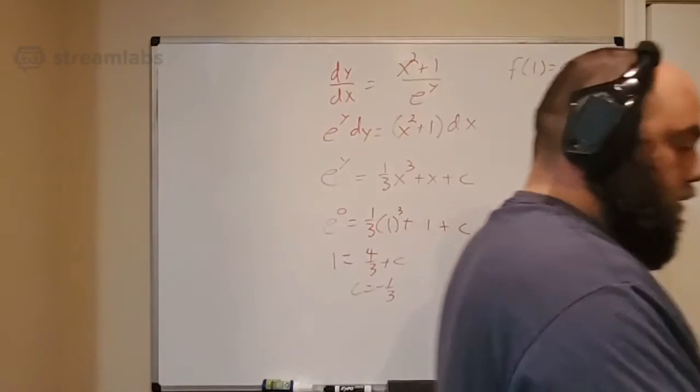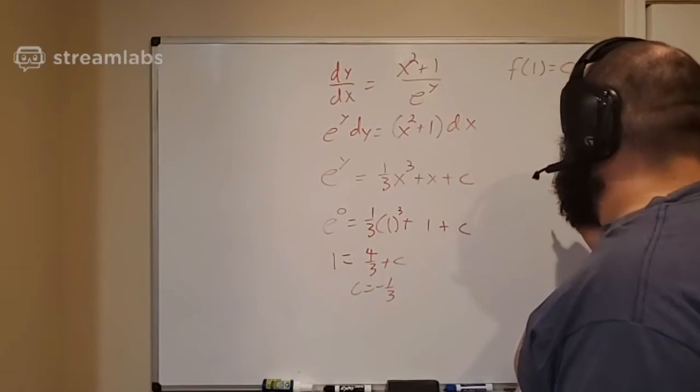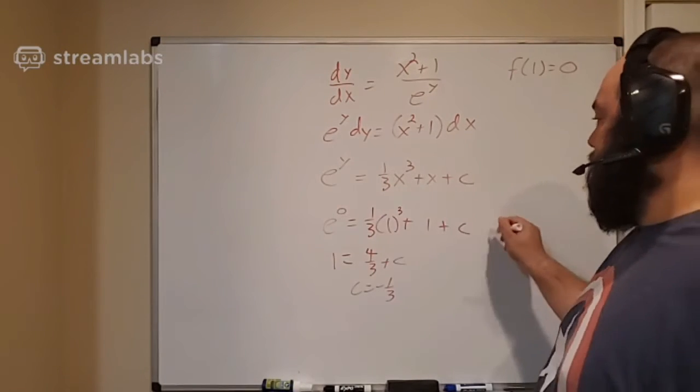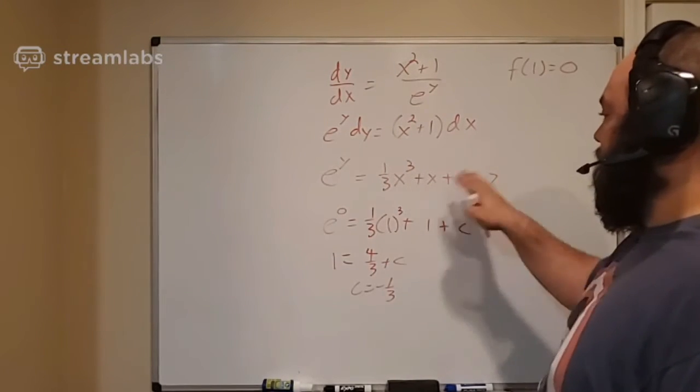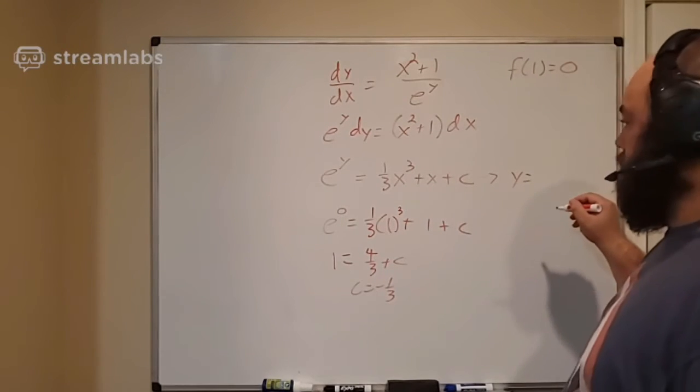So you want the y value when x is 2. So you do have to solve for y at this point. To do that, you would take the ln of both sides. So you get y is equal to ln of 1/3 x cubed plus x minus 1/3.